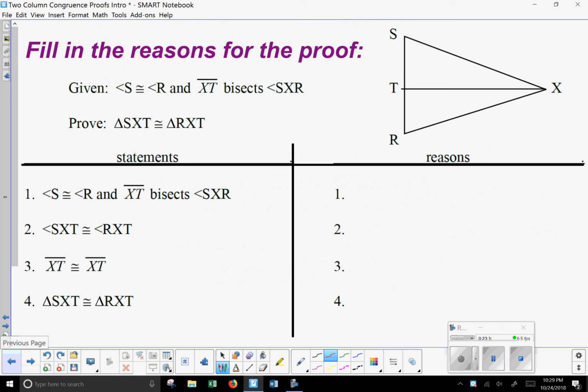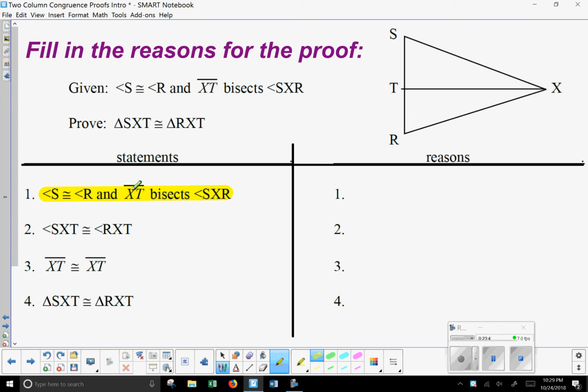What you're going to see is this two-column proof is called a fill-in-the-blank proof. I've already given you all of the statements. You just have to tell me what the reasons are. So who can tell me, let us say that angle S was congruent to angle R, and that segment XT bisects SXR? How did I know that was true?